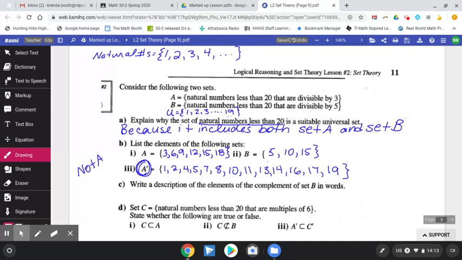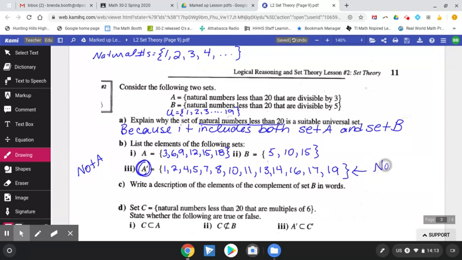So if I was to describe that set that we just wrote down with words, I would say that that's natural numbers less than 20 that are not divisible by 3.